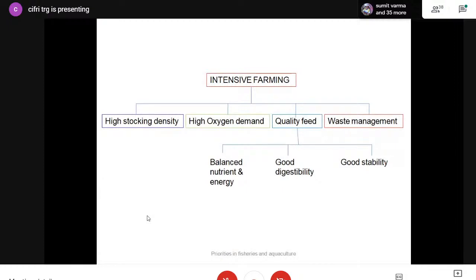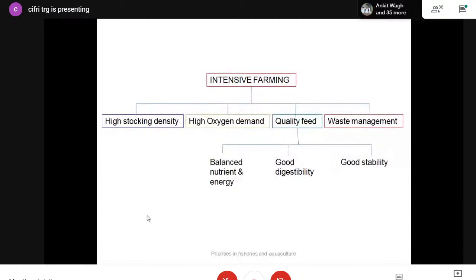Of course, those who are in pond systems have certain advantages. Even if the feed is not stable, that does not matter much, because even if it disintegrates, it will remain in the system. In due course, fish may or may not consume it, and even if it is not consumed, it supplements the nutrient content of the system.